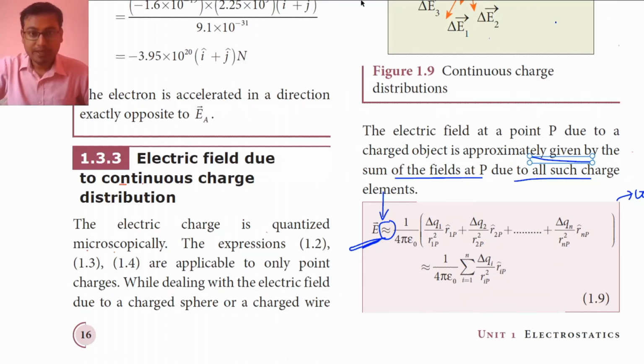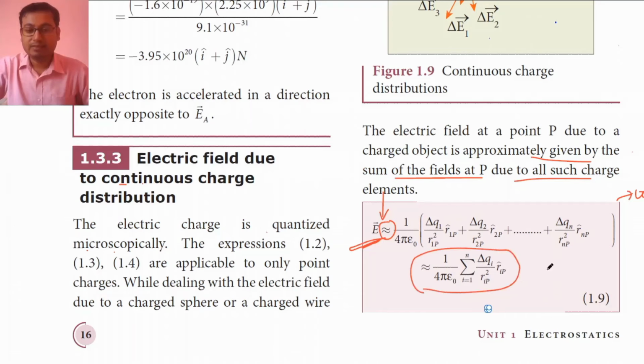See, many students have problem in reading this equation, how to read this correctly. Let me change the color of the pen. This equation you have to read like this: 1 by 4 pi epsilon naught into sigma del qi by r square ip into r cap ip, where i is equal to 1 to n.